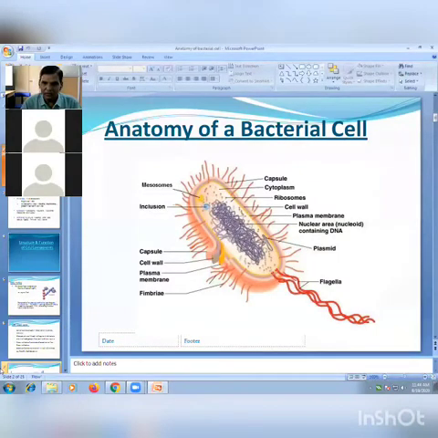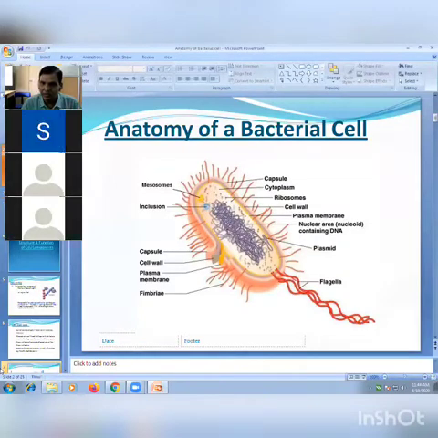Then in a few bacteria, inclusion granules are present. Then the mesosomes, which are enfoldings of the cytoplasmic membrane inside the cytoplasm. Capsule is present in few bacteria.